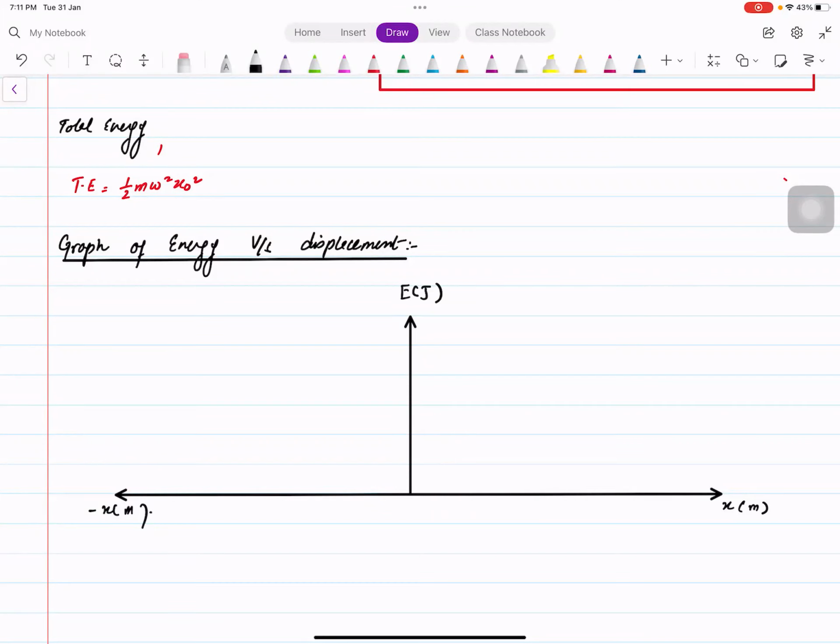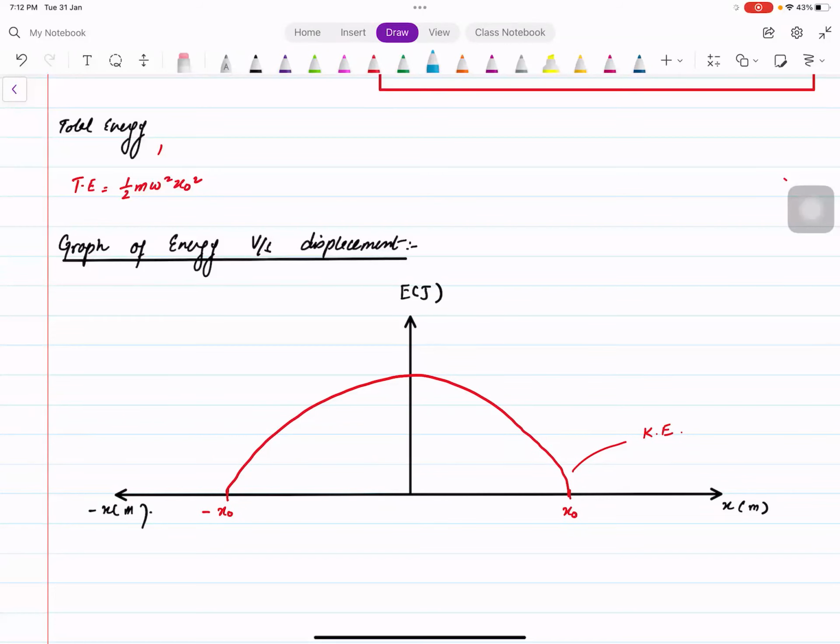Fine. All right. Now, I just want to tell you that obviously there will be some maximum displacement in negative, and obviously the same maximum displacement positive. So the curve looks like this. So when energy is zero at maximum displacement, this means that this curve represents kinetic energy.